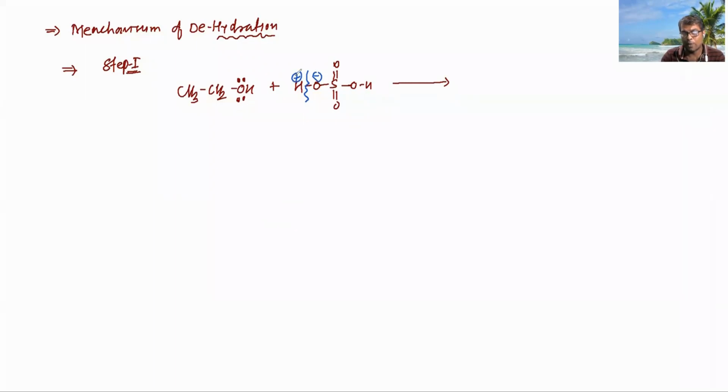The lone pair electrons have the tendency to accept this proton and form a coordination bond. This is the first step in the reaction, and we get a protonated alcohol, plus the byproduct HSO4-.